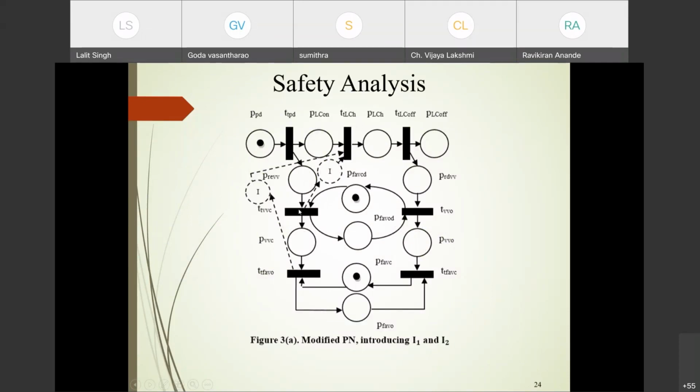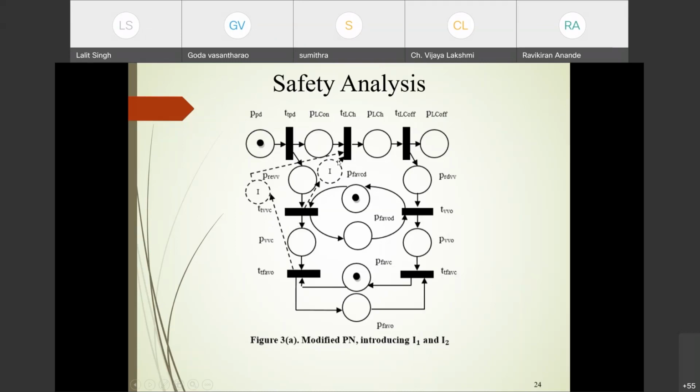Connect that place from the transition which you want to put on high priority, and to the transition which you want to put on lower priority, so that the lower priority transition will only be fired when it sees the token in the input place, which is just the additional place you have kept, and which is the output place of the transition you want to keep at higher priority.